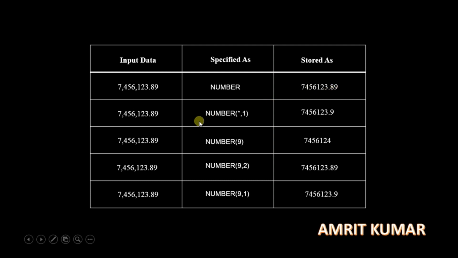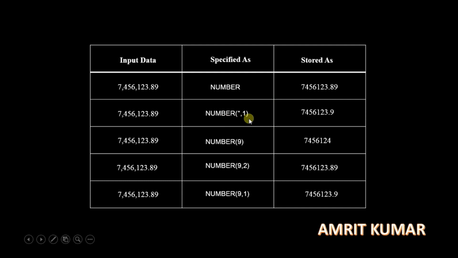Here you are seeing that we are using the precision value and scale value. What we have studied is that precision counts the total number of digits, and scale counts the total number of digits to the right of the decimal.